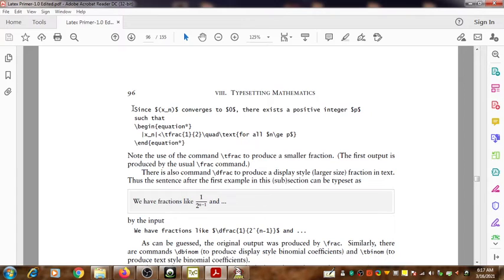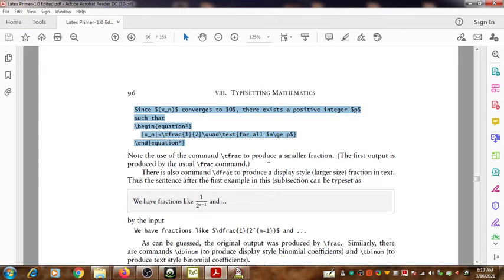So by copying and pasting, you can see, but before that, you can see the importance of the command slash tfrac. Note the use of the command slash tfrac to produce a smaller fraction.